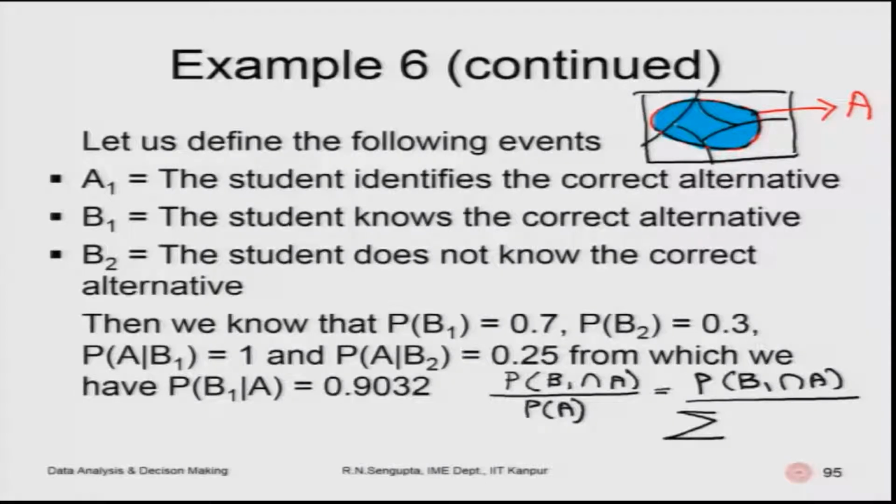This probability of A, if you go through it, is basically the sum of this, this, this, this and this. So, this can be found out, put into the value, and the answer comes out to be 0.9032. I am not solving them, but I am trying to give you a pictorial diagram and you can understand it much better.